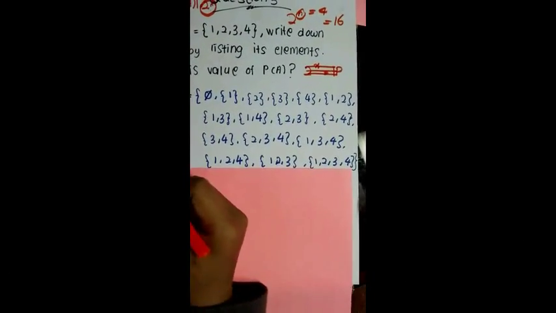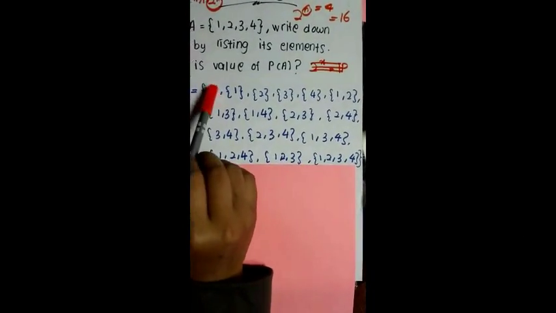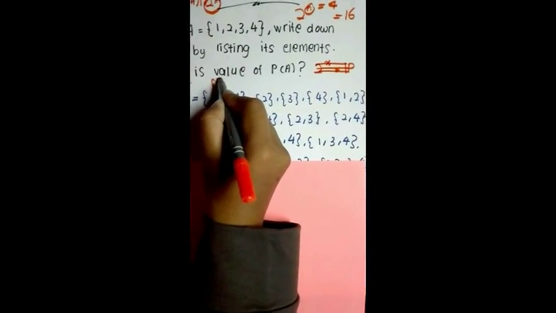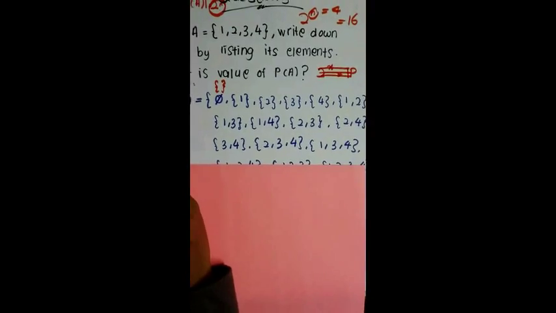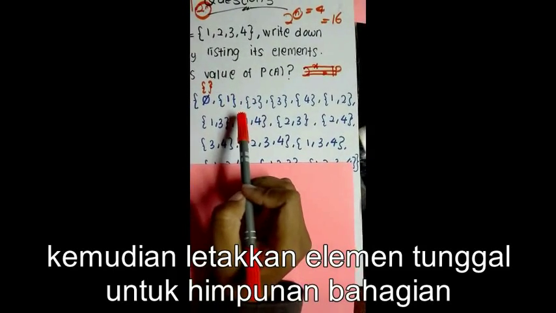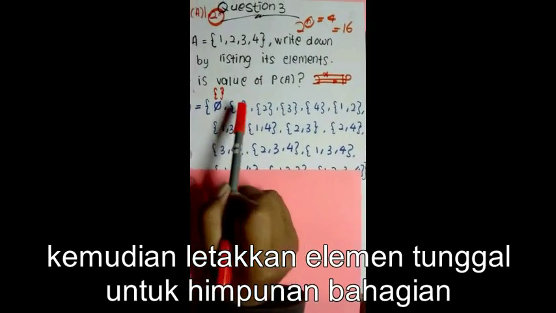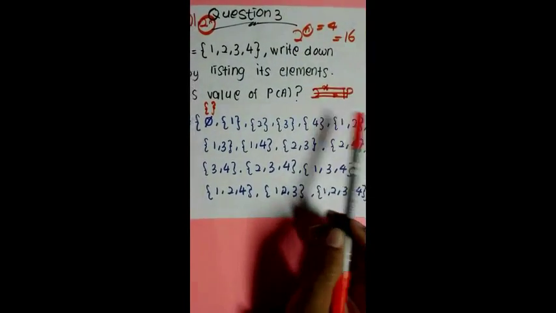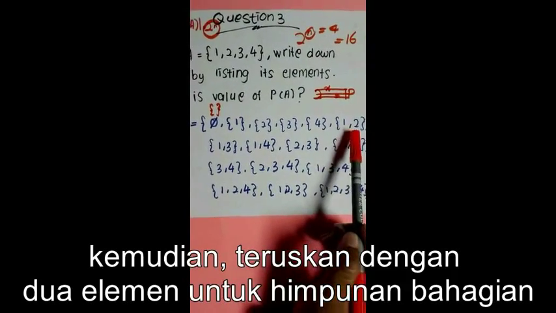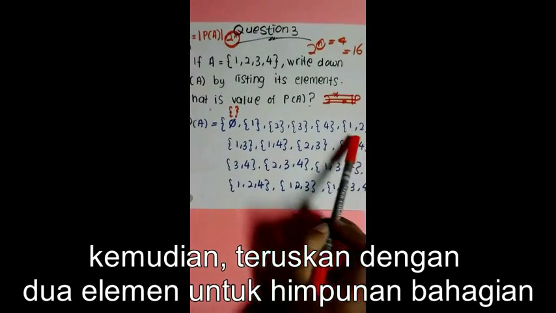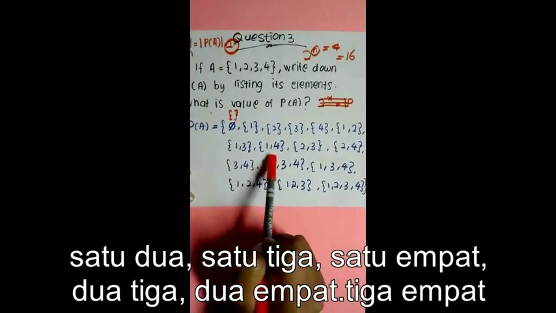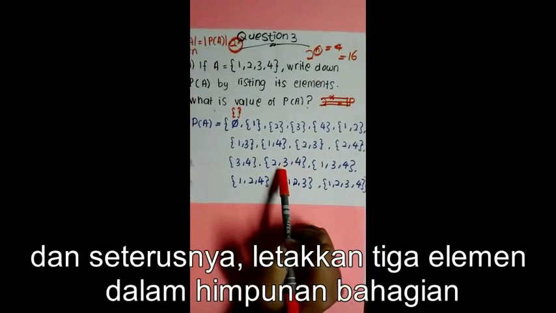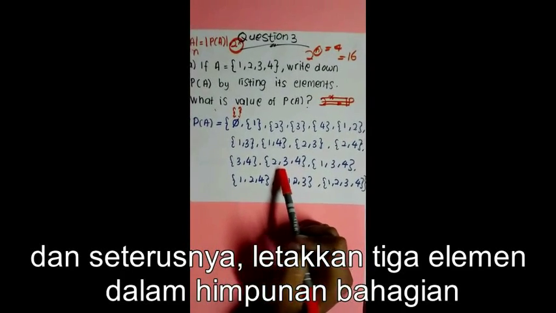So first we will put the null element, or we can put the null element like this, and we will put a single element in this subset with 1, 2, 3, 4, and then we proceed with 2 elements in other subsets, 1, 2, 1, 3, 1, 4, 2, 3, 2, 4, 3, 4, and furthermore we will put 3 elements in other subsets.